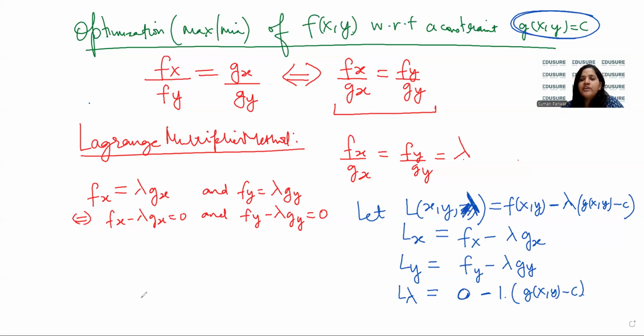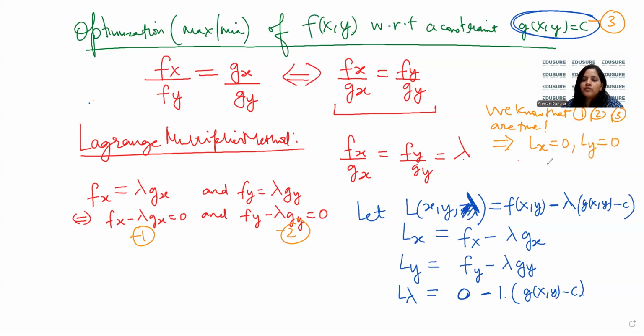So we already know that 1, 2, and 3 are holding. So we know that 1, 2, and 3 are true. So it would mean that Lx is equal to 0, Ly equals 0, and L lambda is equal to 0. Okay. So these are equivalent conditions.